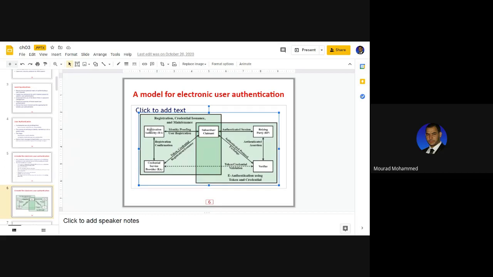Once your registration has happened, your credentials, or let's say the list of credentials, are going to be saved in the CSP, which is the registration authority background, something like that. Here, your username, your password, your email, your contact, all your data is being registered inside the system in the background.